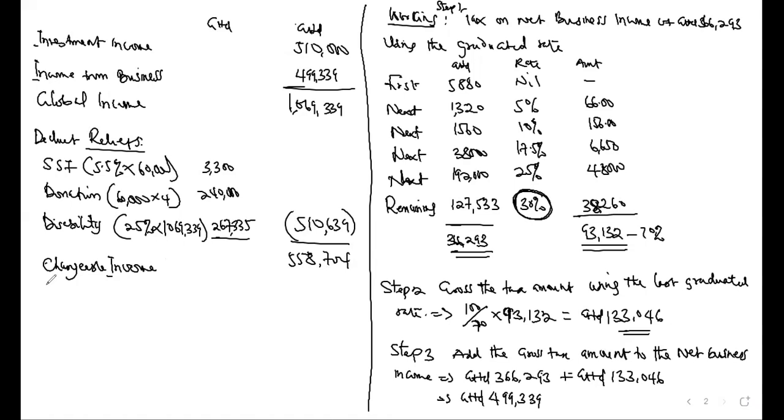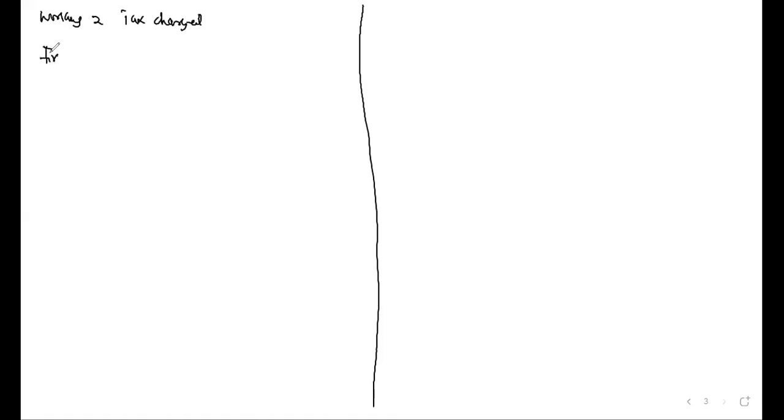So you have to compute the tax. Now, let's move on and compute the tax. 14 marks is good for this question. Workings number 2, tax charge. The first 5,880, the rate is nil, the amount is 0.